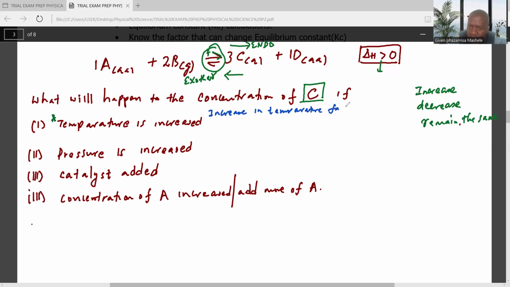This is the first thing that you must write. 1 mark for this. Now, that is the first one. The second one: where is this endothermic reaction here? Is it the forward or is it the reverse? We are guided by this. It's a forward reaction. So it means a forward reaction is favored.